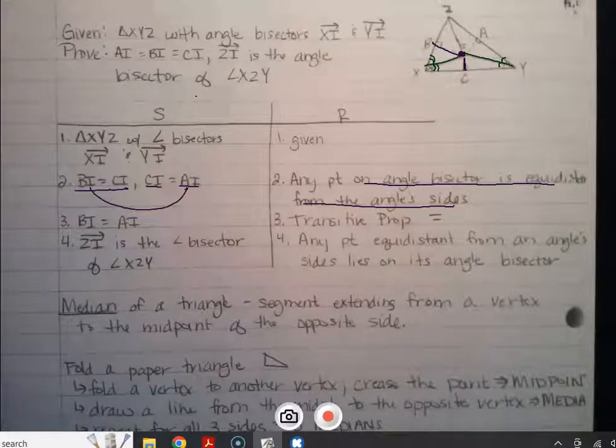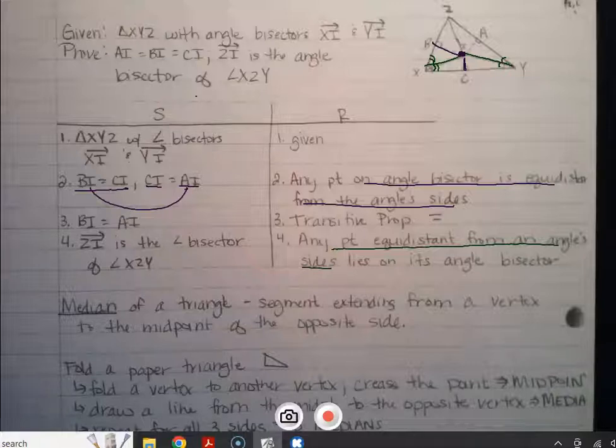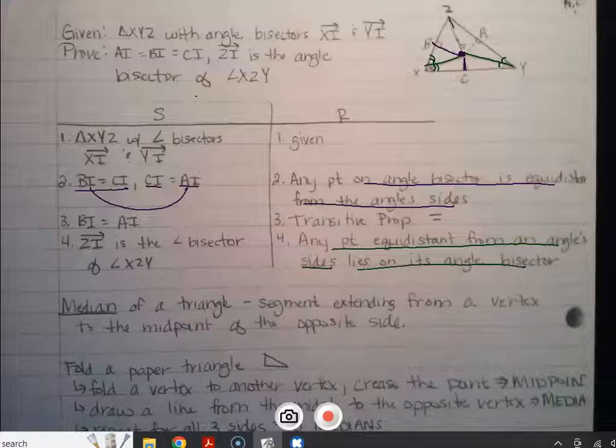Then the last one is just stating that ray ZI is the angle bisector because, again, any point equidistant from an angle's sides lies on the angle bisector. So if we go from Z to I, that line is the angle bisector.